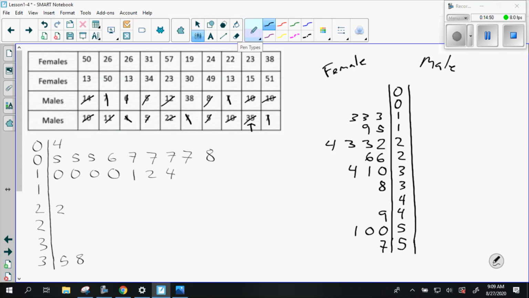So 5, 5, 5, 6, 7, 7, 7, 7, 8, 0, 0, 0, 0, 1, 2, 4. Don't really like how those didn't quite line up. Sorry about that. Then we got this 2 here at 22. We have a 35 and a 38. There we go.